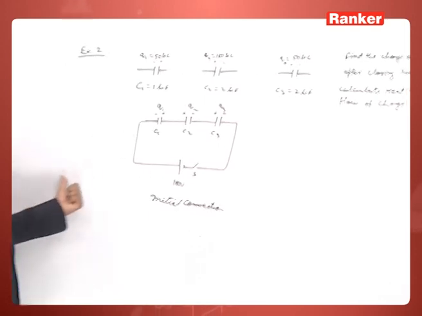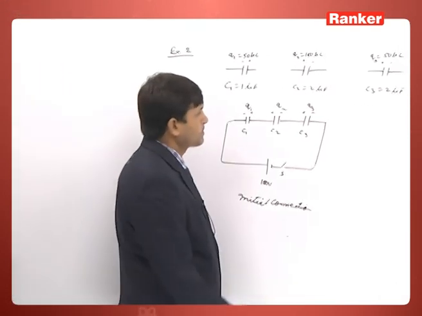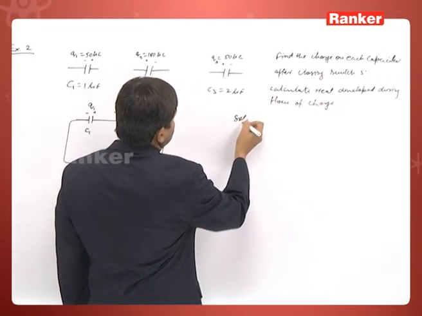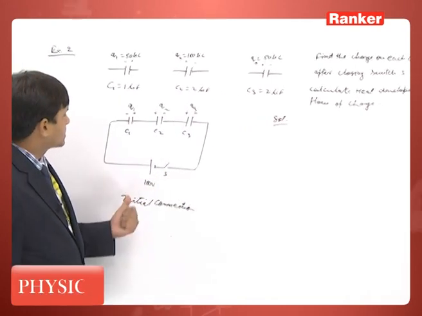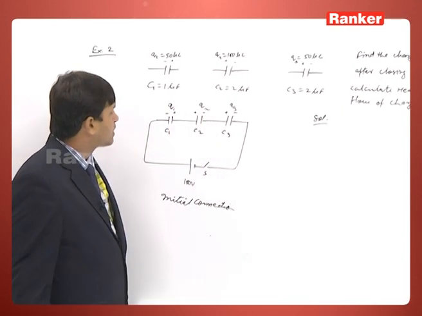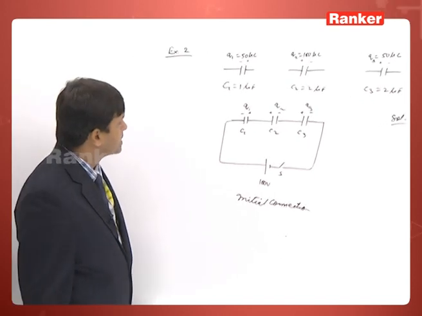So how can we use Kirchhoff's first and second law, and we will be able to solve the problem. See, let. So what will happen as soon as the switch is closed, the polarity of these charges may or may not be changed depending on the different conditions.